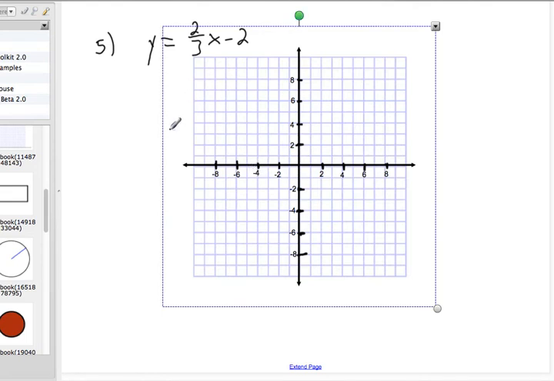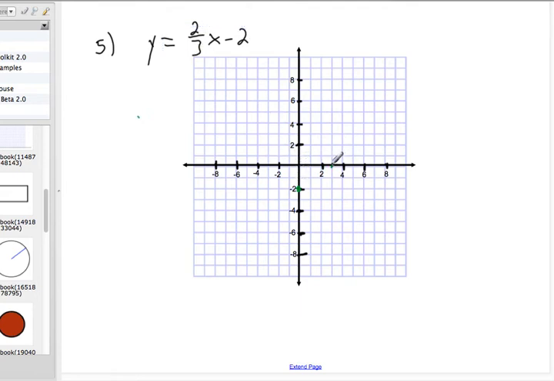Okay, so we start at -2. Let's see, I'll use a different color. How about green? So starting at -2, we're going to make a dot, and then we're going to go up 2 and right 3. Up 2, right 3, up 2, right 3, and then make our line.